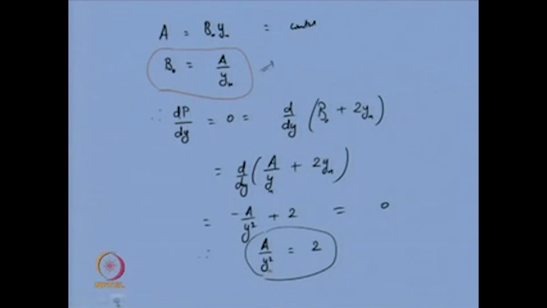So, you will see that you will get B0 y_n into E by 2 is equal to y_n E whole squared.